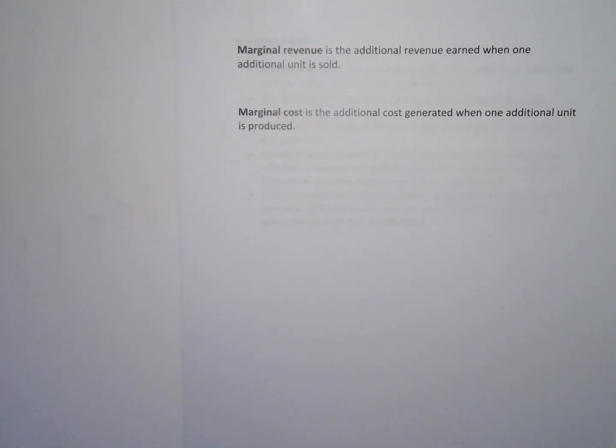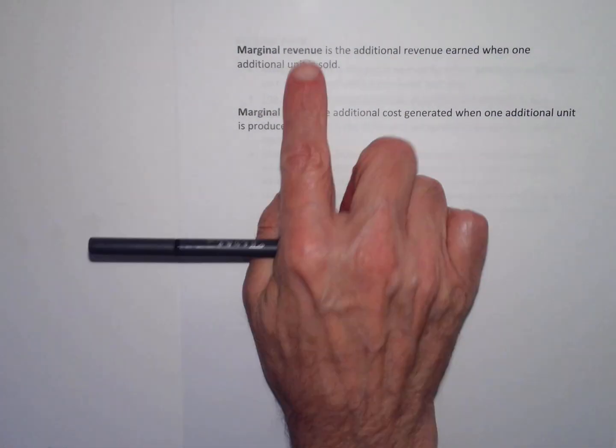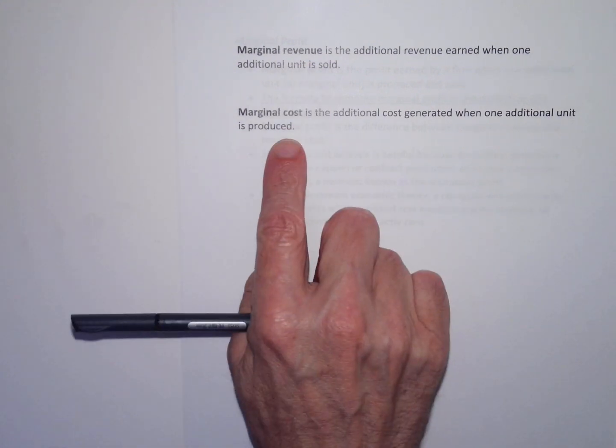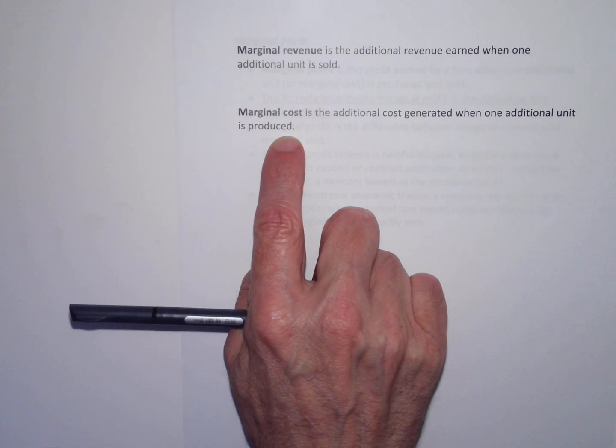Marginal revenue is like marginal profit. It's the additional revenue when one more unit is sold. Assuming a new iPhone sells for like $1,200, the marginal revenue from Apple selling one iPhone is $1,200. It's the additional revenue that they're going to generate. And let's say it costs them $400 to produce that iPhone.